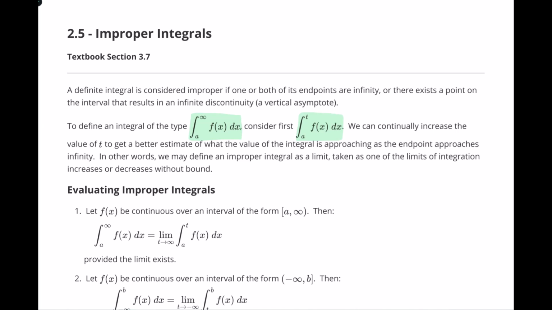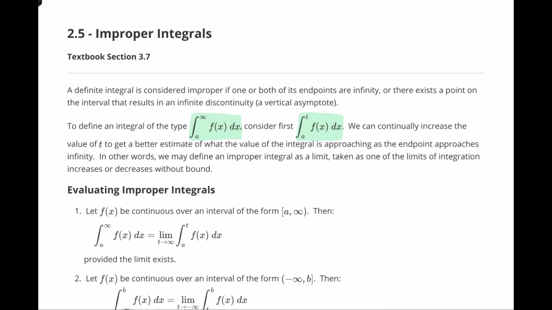And as that upper endpoint gets larger and larger and larger, you can observe the different values of the integral, and making those observations, you can then decide what the value of the overall integral is approaching as you let the upper endpoint go to infinity, which effectively makes this a type of limit.